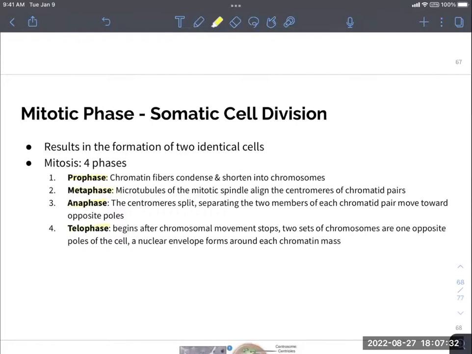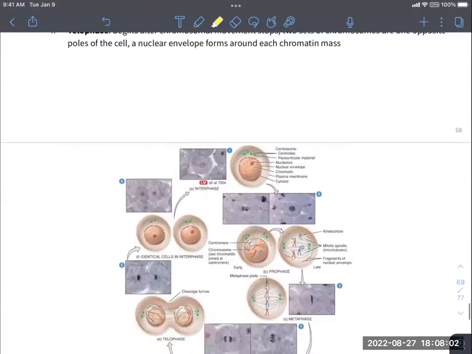Anaphase is where those centromeres split and they start separating into two separate members, and they move to opposite sides of the cell. Then telophase is after chromosomal movement stops. Those two sets of chromosomes are at opposite poles, so the nuclear envelope or that plasma membrane comes together and they form two completely separate cells.